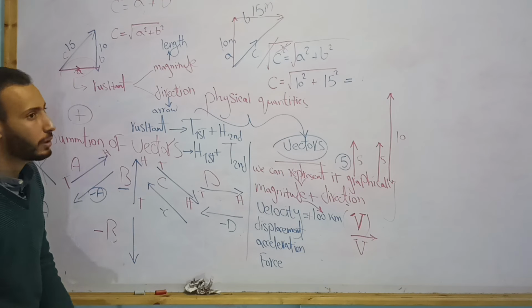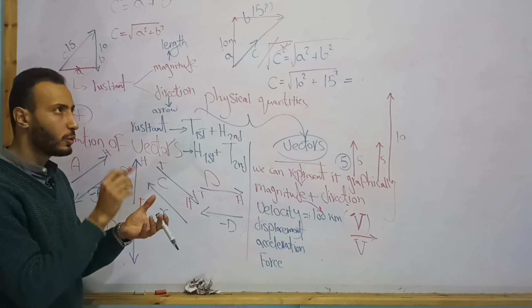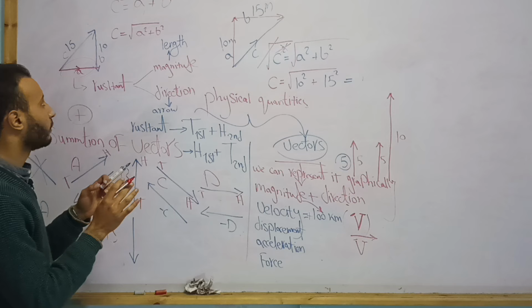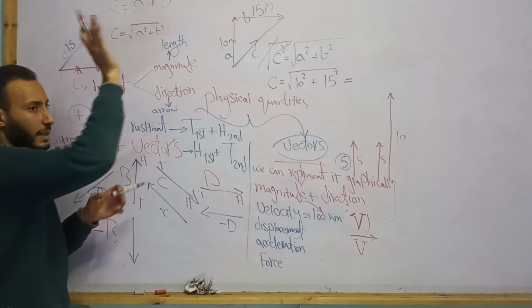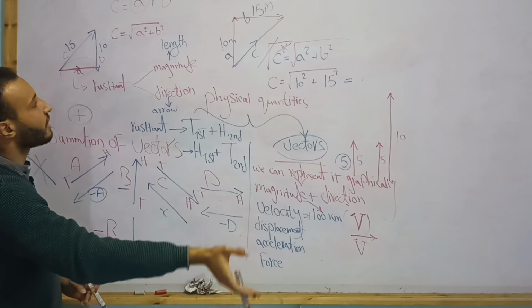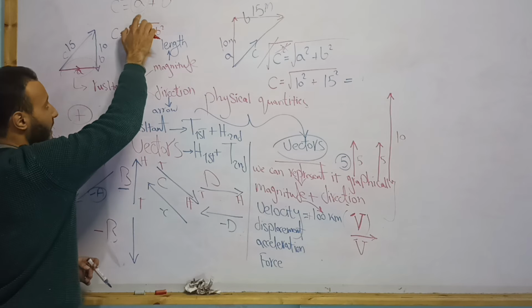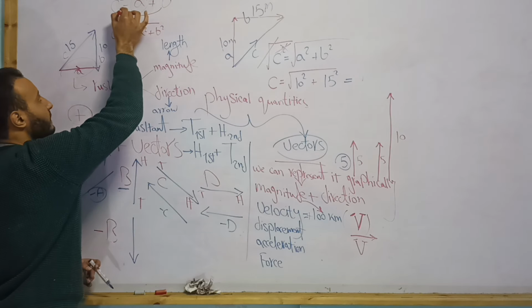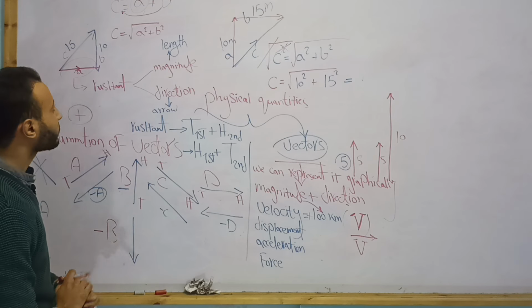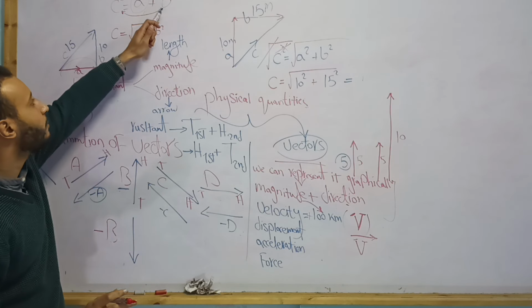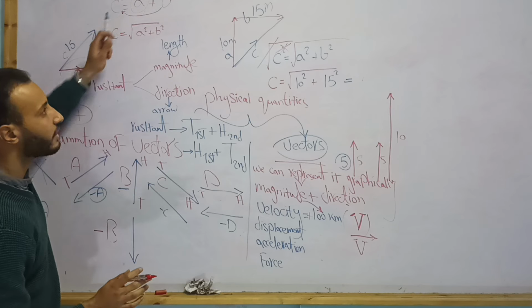And I said to you before, the unknown or the variable that you want to get, leave it in its place and move the other quantity to the other side. So I leave the a in its place and move the b to the other side. And because this one is positive, it moves with the negative sign.